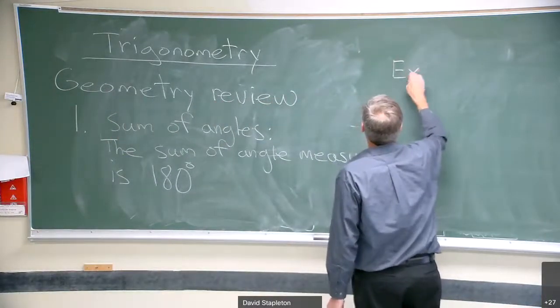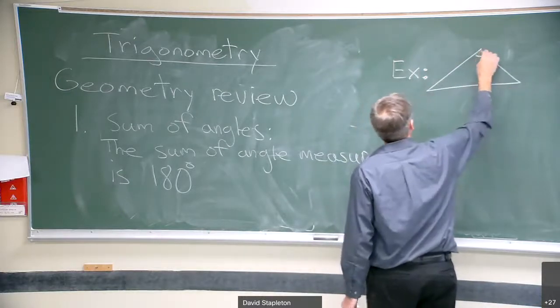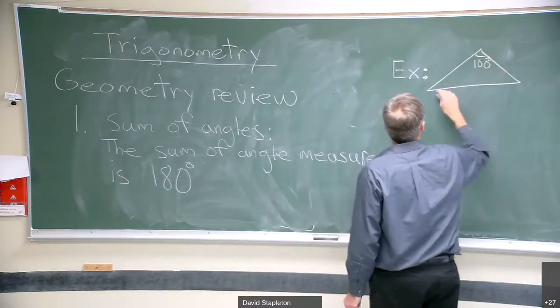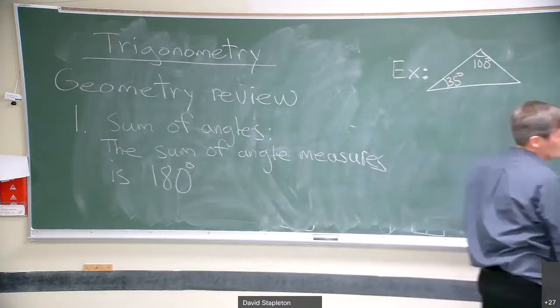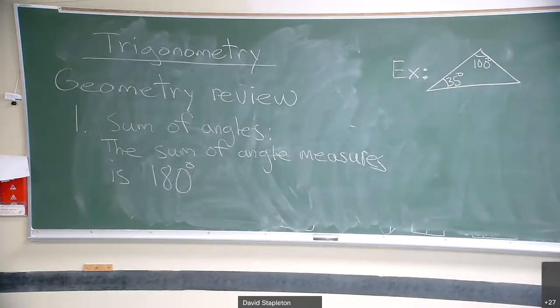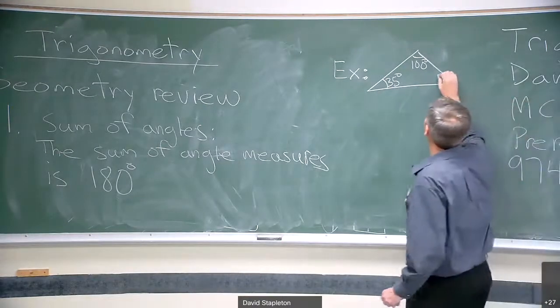For example, if I give you a triangle like this, and I say, well, this one's 100 degrees, and this one's only 35 degrees, I wonder what that last one is. Let's just measure this angle alpha.